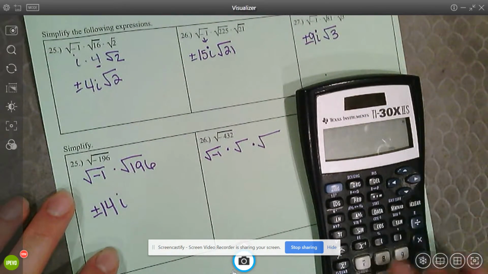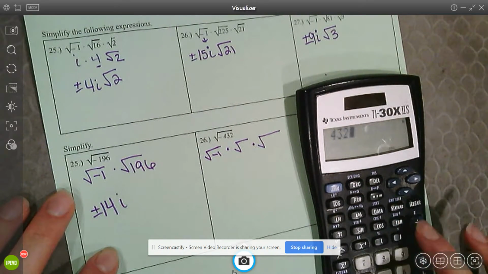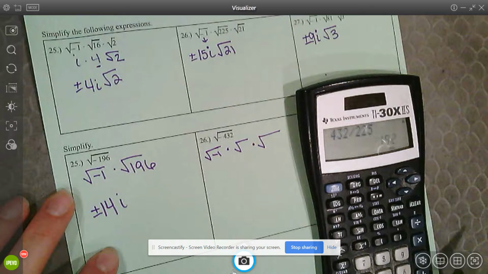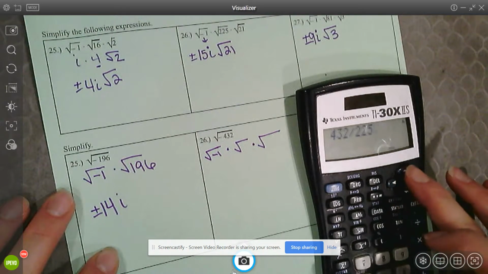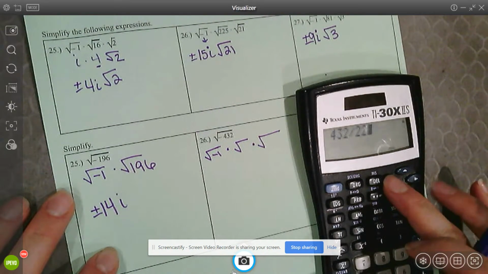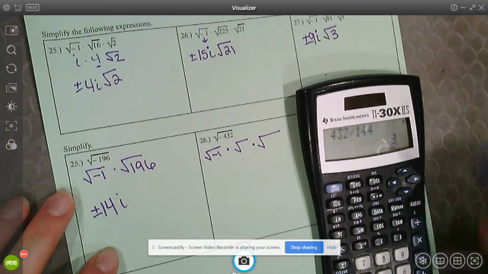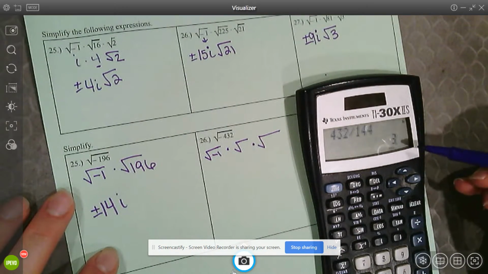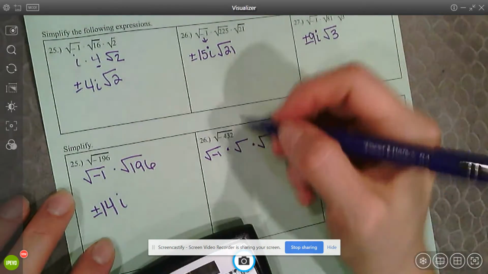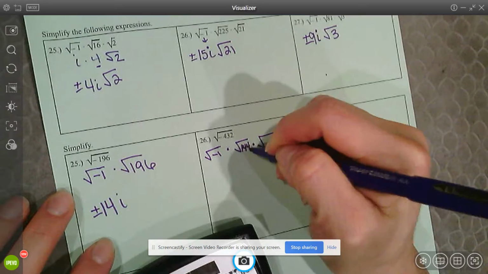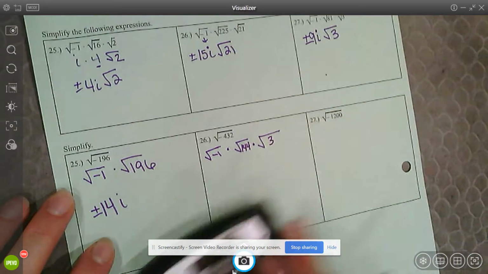So I'm going to just work my way down my list. I'm going to do 432 divided by 225. That doesn't work. I'm going to try 144. Ooh, that worked. When I divided by 144, I got 3. So I'm going to have the square root of 144 and the square root of 3.